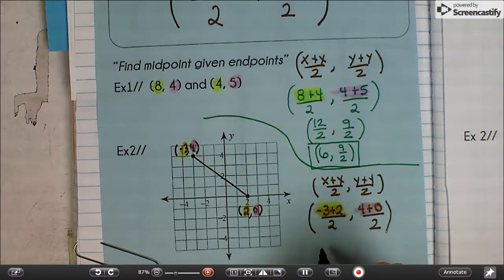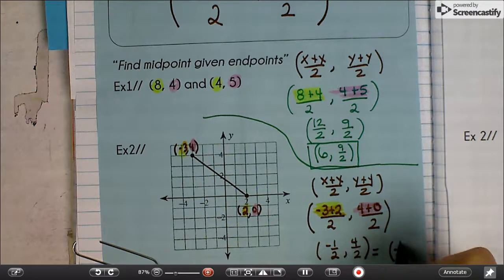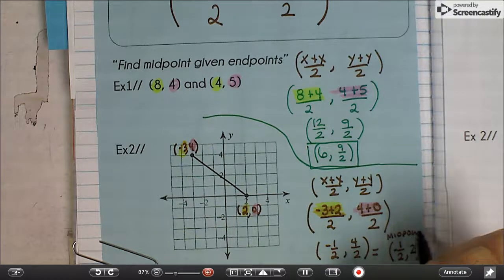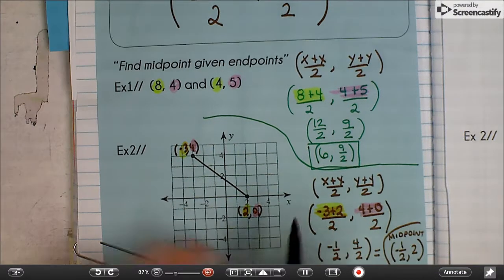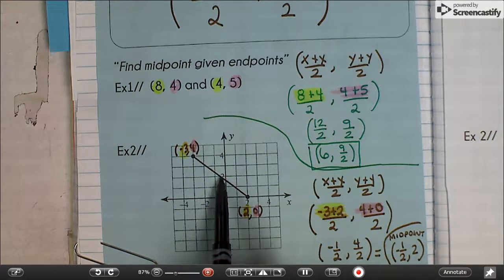And simplify, so we're going to end up with -1/2 and 4 over 2, which can be simplified further. So the midpoint is -1/2, comma 2. And if you look at the graph, you can see if we go over to -1/2 and 2, that's pretty much exactly where you would have eyeballed it as well.